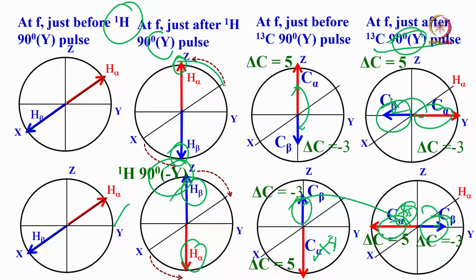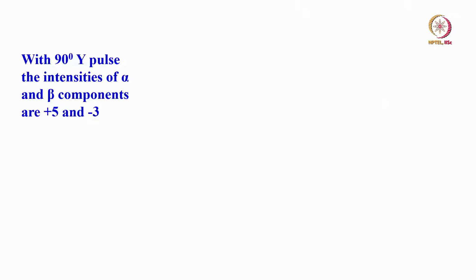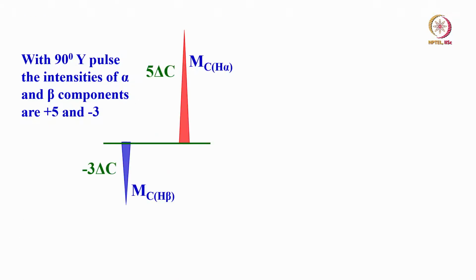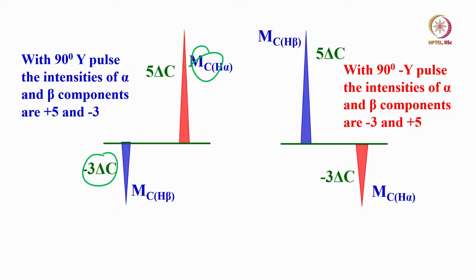Both are opposite to each other, right. Now this is the intensity component, minus 3 and plus 5, of this 90° plus y pulse. Now what happens if I take minus y? Exactly as we saw, this was interchanged. This became plus 5 and this became minus 3. That is what I showed in the vector diagram.